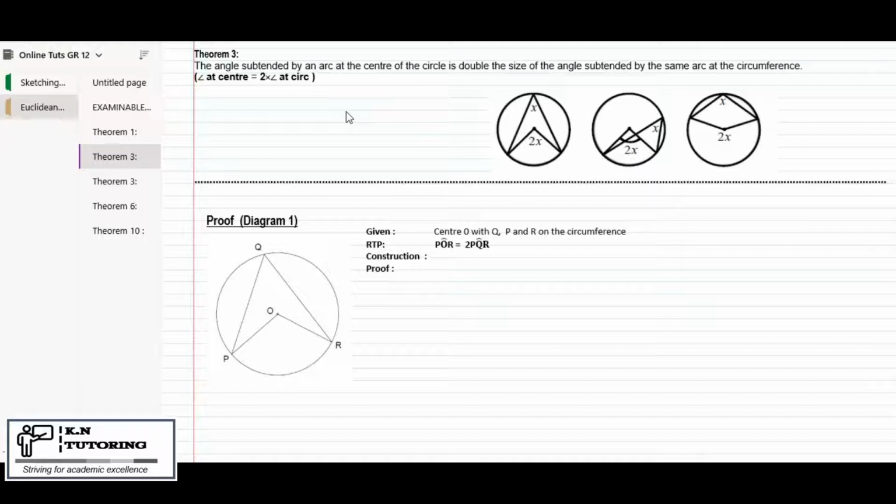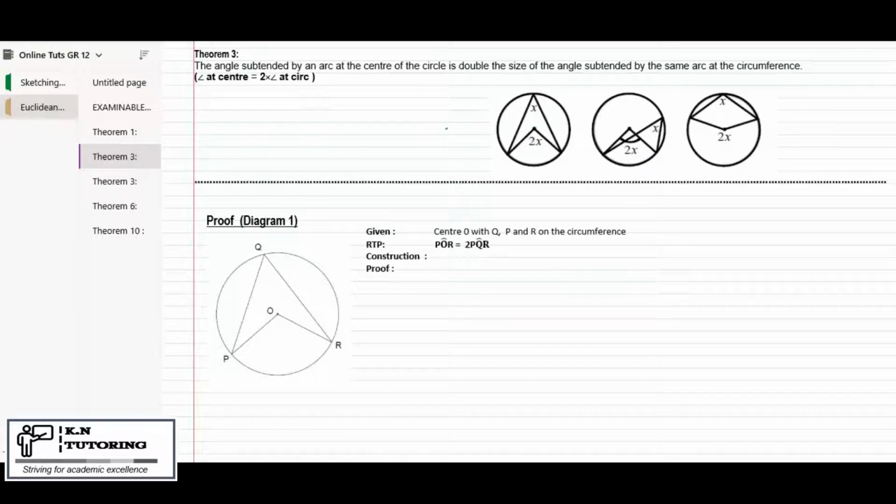So what the theorem is saying is that if you've got a circle like that, then, okay, I need to erase that.